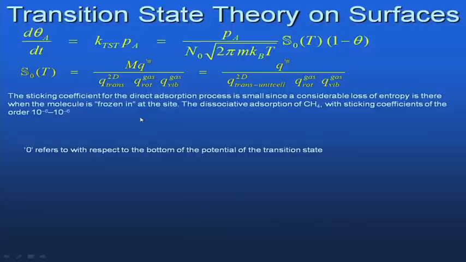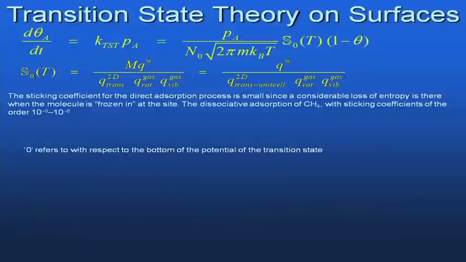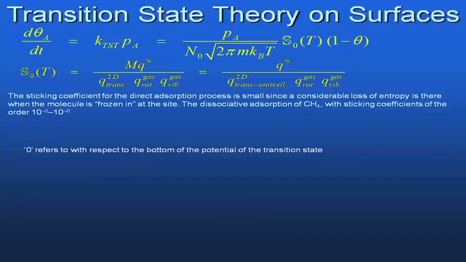Okay. Let us take an idea about the sticking coefficient. What is the typical value? The sticking coefficient for the direct adsorption process is small, since a considerable loss of entropy is there. If there is not a considerable amount of loss in entropy, then your sticking coefficient will be high. So there is a considerable amount of loss of entropy, and when the molecules are frozen at the site, it is a kind of frozen.